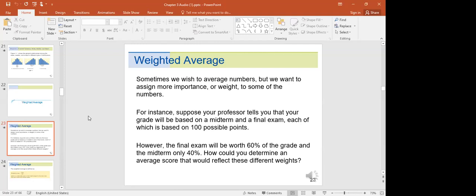For example, suppose your professor tells you that your grade will be based on a midterm and a final exam, each of which is based on 100 possible points. However, the final exam will be worth 60% of the grade, and the midterm only 40%. How could you determine an average score that would reflect these different weights?